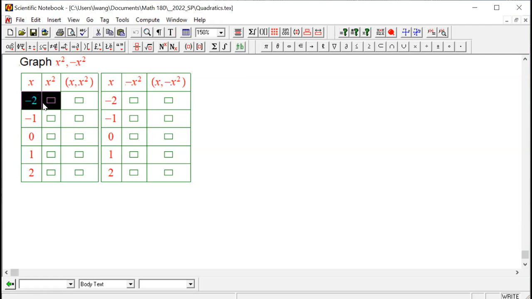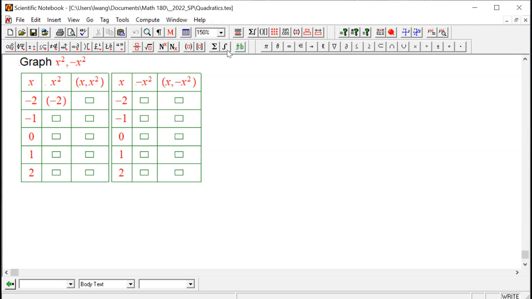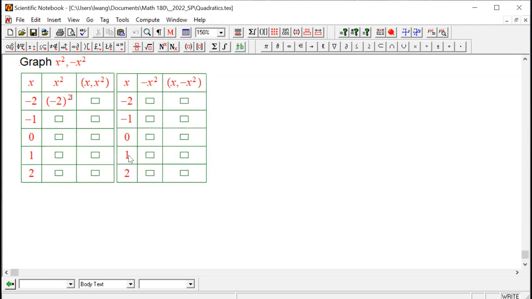For -2, we're going to get (-2) squared. And this one is going to be (-1) squared, 0 squared, 1 squared, and 2 squared.